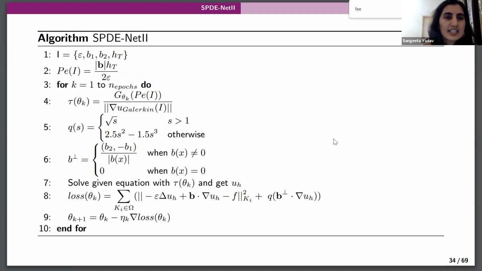Yes, in SPDNet2, we are starting with the input I, which consists of epsilon, b1, b2 and h. B1 is the convection velocity in the x direction, B2 is the convection velocity in the y direction, and h is the mesh size.